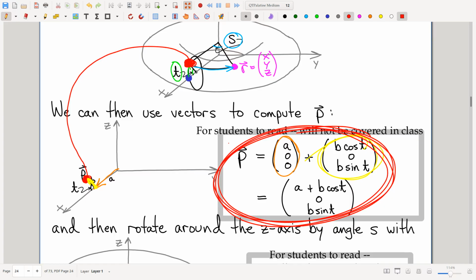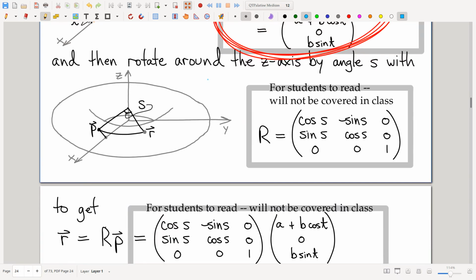And the next thing I would have to do is figure out how to execute this rotation. How do I rotate by the angle S, rotating by the angle S around the z-axis? And that's another flashback: rotating by some angle around an axis. Linear transformations, matrices, the columns are the images of the standard basis vectors, right?